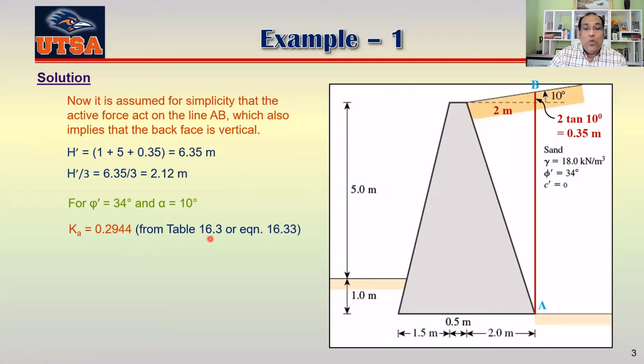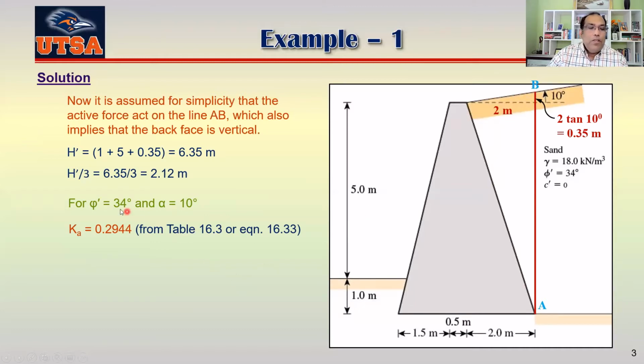Otherwise, you cannot use that table 16.3. So it doesn't matter according to Rankine's method whether this one is at an angle of 75 or 80 or 60. All the time we usually assume that the back face is vertical here.